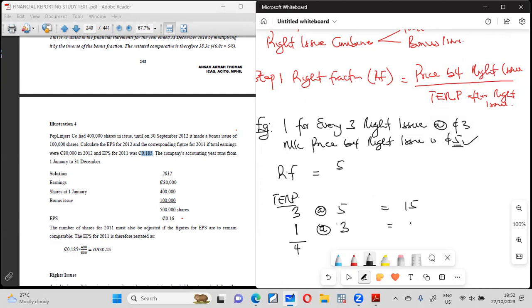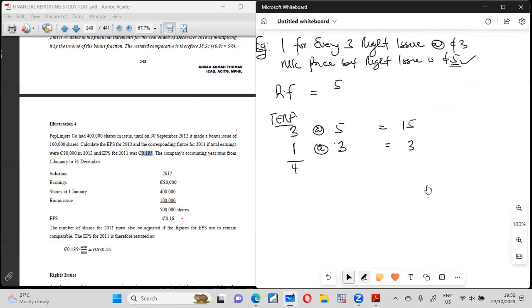And so that gives us 3. Now, theoretical XREF price. So here will be 18. TEP, therefore, is given by 18 over 4. That is how you get TEP. So 18 over 4 gives us 4.5.